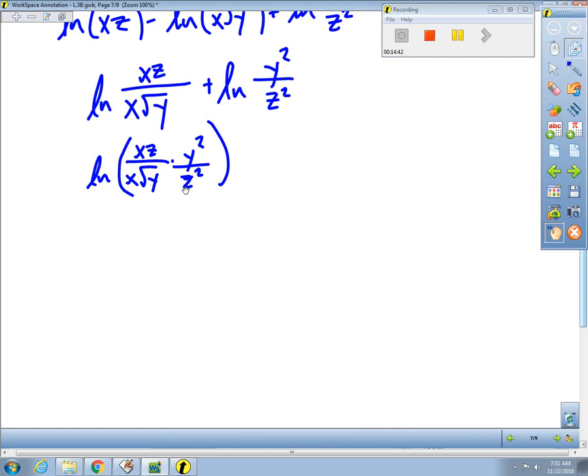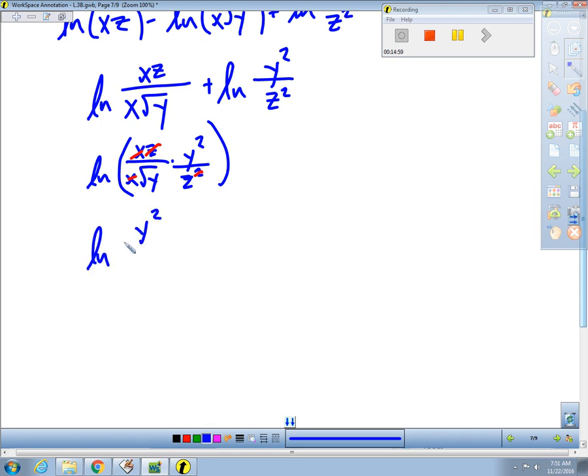Now, take a look at that. You should recognize that we can do some simplifying here. I've got an x and an x that cancel out. This z is going to reduce that z squared down to a z. I have y squared over the square root of y. Now remember, the square root of y is the same as y to the 1/2. I have two y's up there, I have half a y down there.